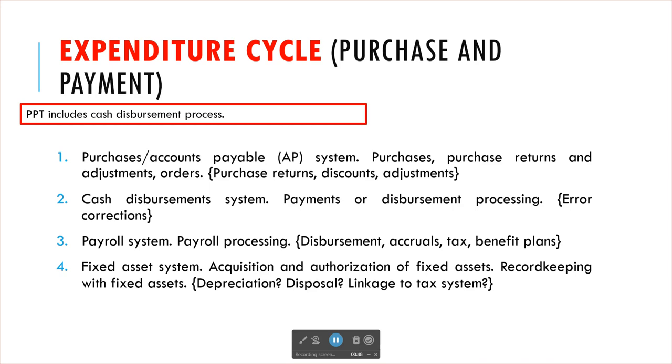This is a separate system, and if you're looking at your SUA packet, in particular the flow charting, you'll notice that they're on separate pages, and it's a very important point that creating the liability and paying it are separate.